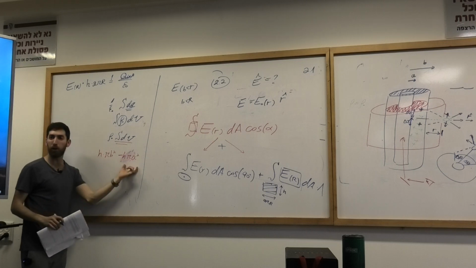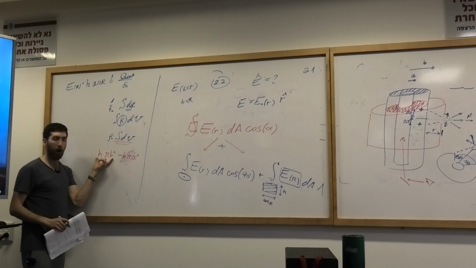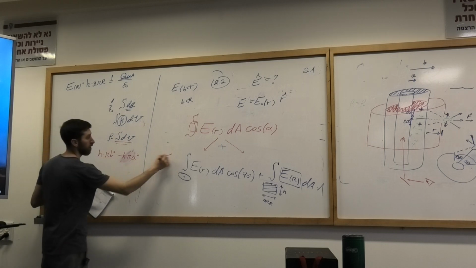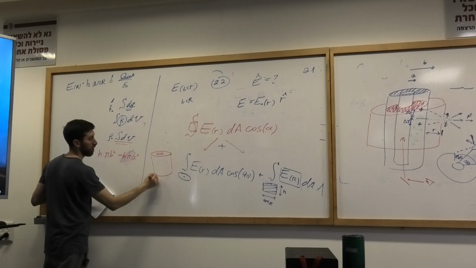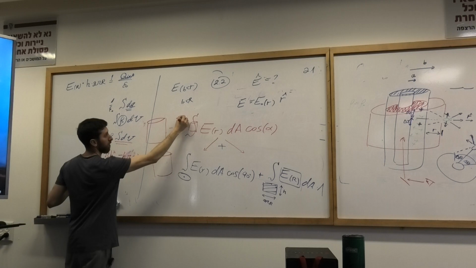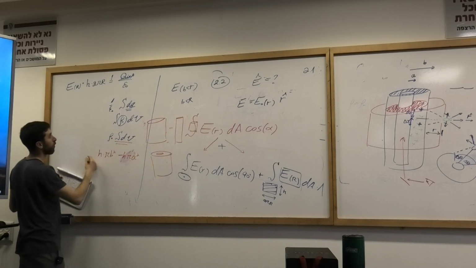This is the volume. Understand why? It's the whole thing minus what is empty. The big thing minus what is inside. Good, so we found everything.